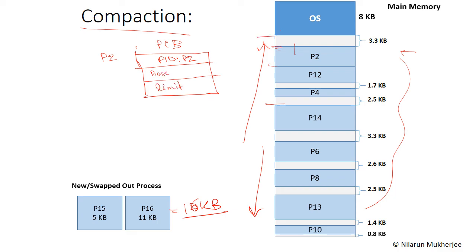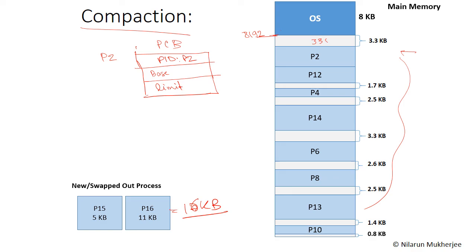Now I know the OS is of 8 KB, so 8192 is the start of this hole, and the hole is 3.3 KB.